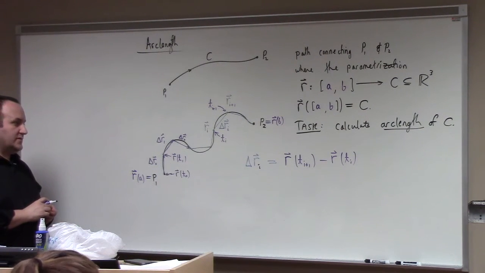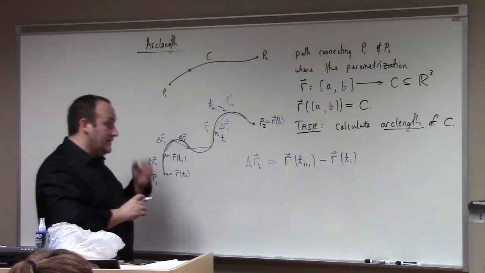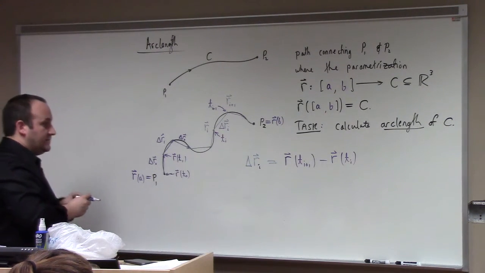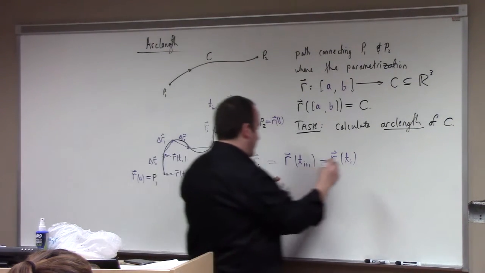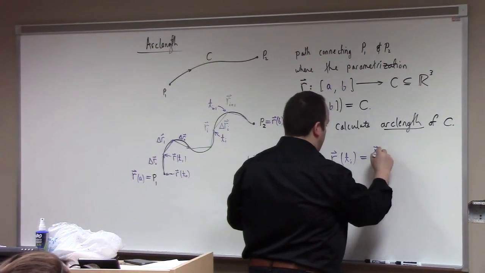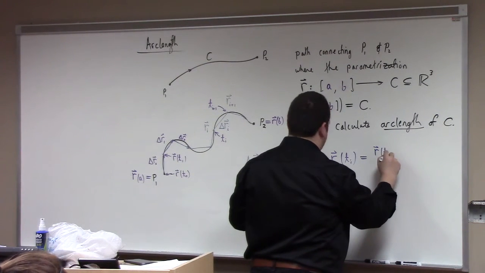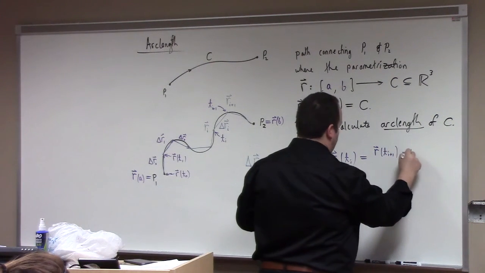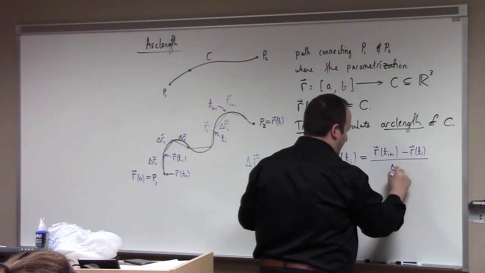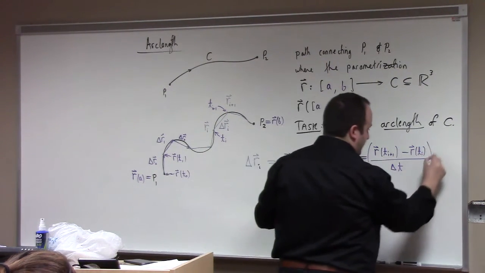Okay. So what I can do is calculate that this is also equal to R of t_{i+1} minus R of t_i, divided by delta t, times delta t.